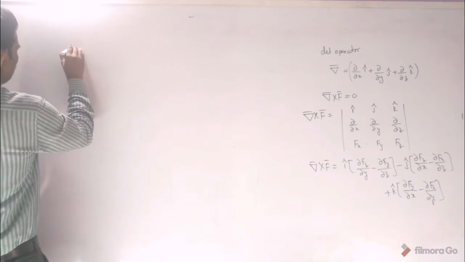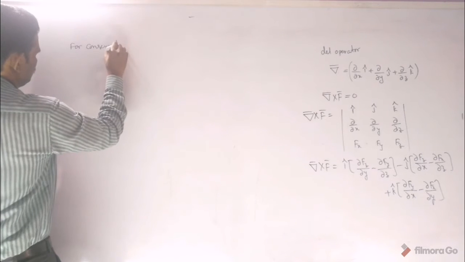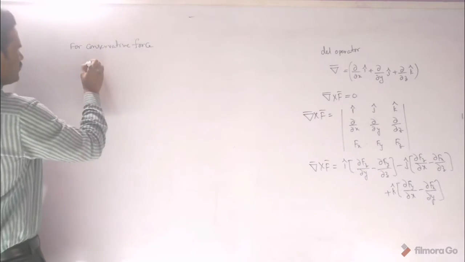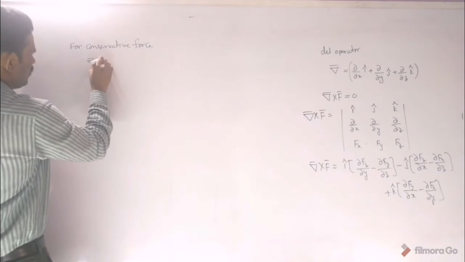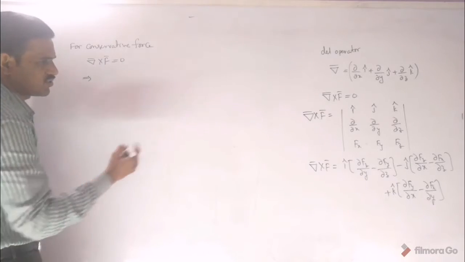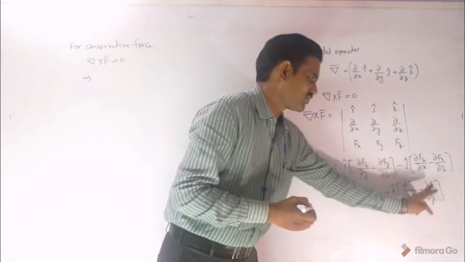That means for a conservative force, del bar cross F bar should be equal to 0. So that implies each component should be equal to 0.